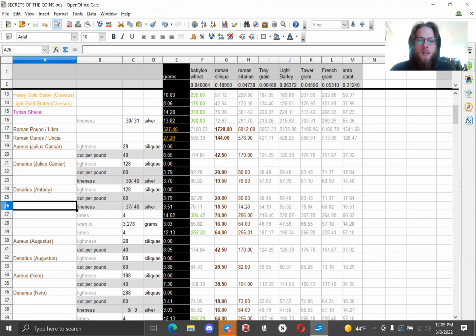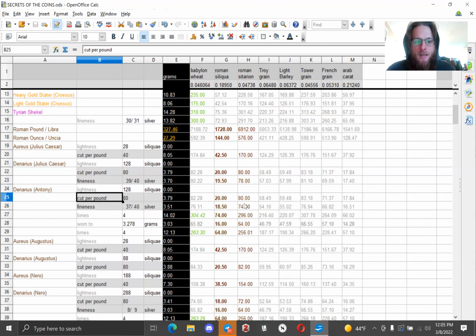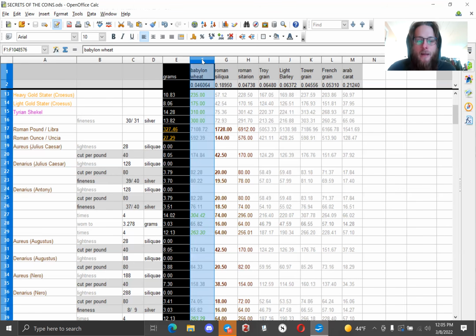Now, it just so happens that 4 Legionary Denarii of Antony, if my model is correct, contain about 304.42 wheat grains of silver. Okay, so here's the siliqui. This is how Romans count weight. Here's this wheat grain.